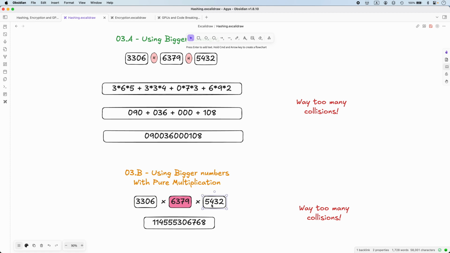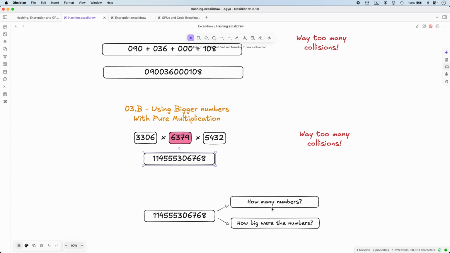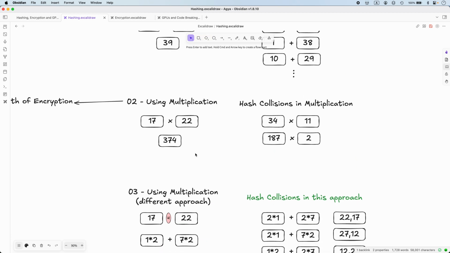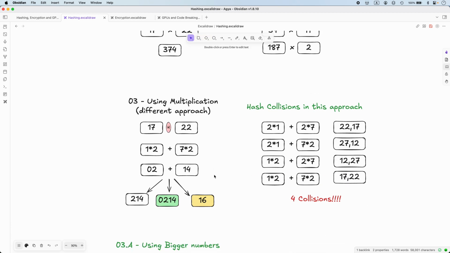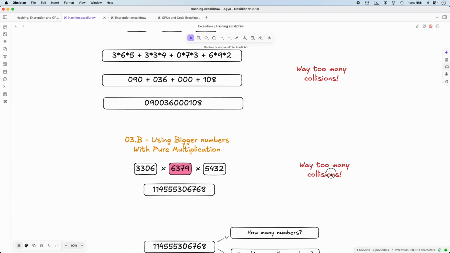This is also divisible by 2. I think it is also divisible by 8. Not sure. Okay. So still, way too many collisions are possible. I have not calculated. I don't intend to calculate. But I know that there will be collisions because this is simple multiplication and I can see patterns over here. So even multiplication is not good enough to avoid collisions.